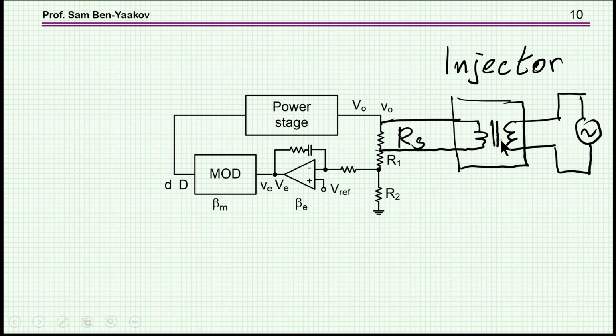We need a transformer because we need to inject a floating signal, not referred to ground, and therefore we do need something which is floating. This could be based on a magnetic transformer or some other means of an AC source which is floating, that is, not committed to any ground, so that we can connect it here and here. This could be high voltage, of course.